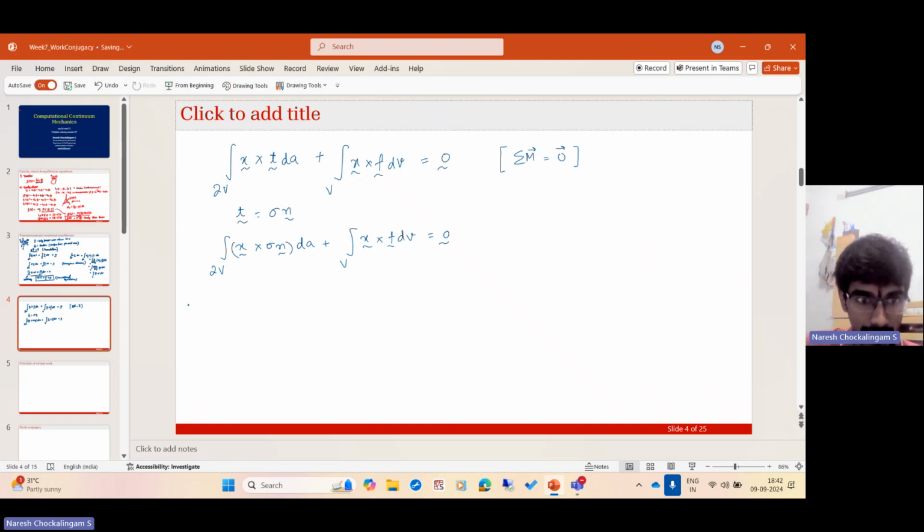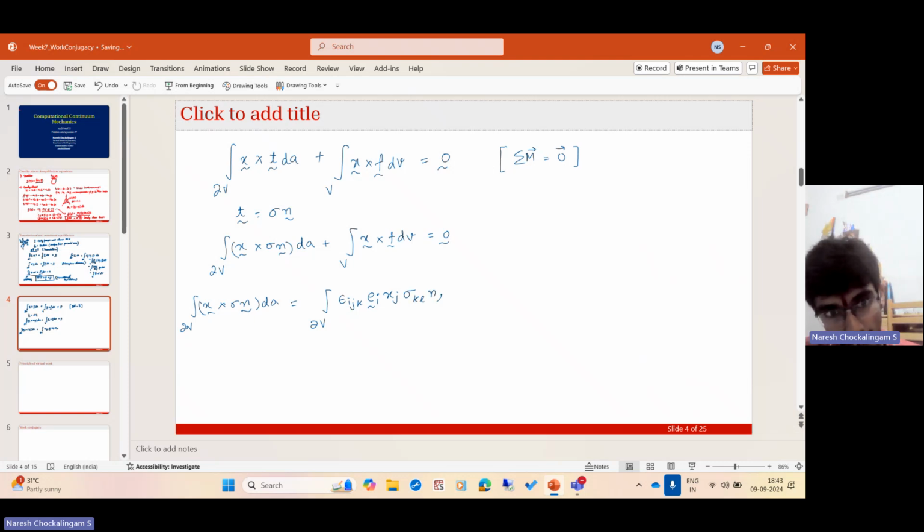Look at the first quantity, x cross sigma n dA. Write it down in indicial notation. It is integrated over the surface, epsilon ijk. Epsilon ijk is always in the cross product to get an ei. The first vector is x, so its components are xj. The second vector is sigma n, which has the components sigma kl, nl, and you have a dA.